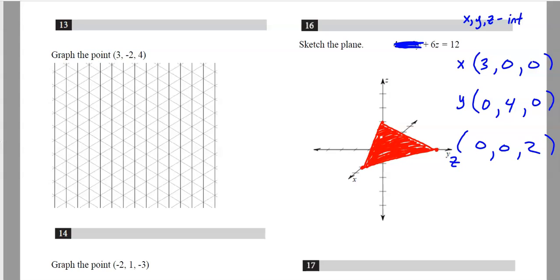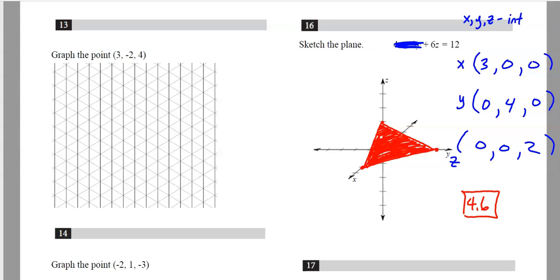So imagine not a triangle, but imagine like a full sheet of glass cutting through those 3 spots. And you can go on GeoGebra 3D. I'm not going to do it again because I've done it several times. But you can go on GeoGebra 3D and see how to do it. If you want to see that, go back and look at my 4.6 video notes, and it'll show that.